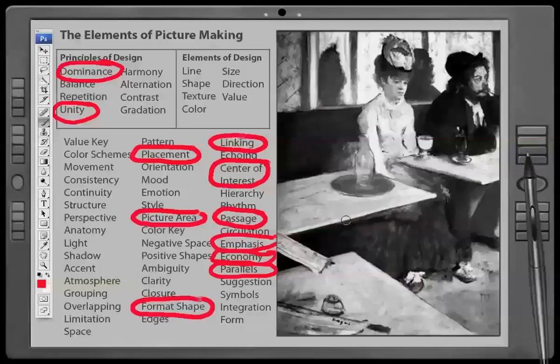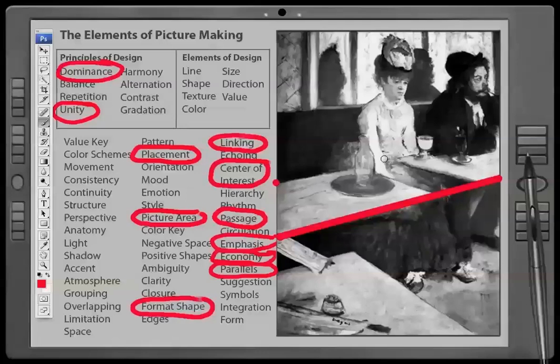This kind of parallels can also be established through gradation. You see right up here where the principles of design are? Gradation is another principle. So if you have a gradation of direction, you also have parallels, but they're not exactly parallel to each other. So if you look at the painting here, you can see those parallel lines running across the picture, and I'll start right here at the edge of the table.